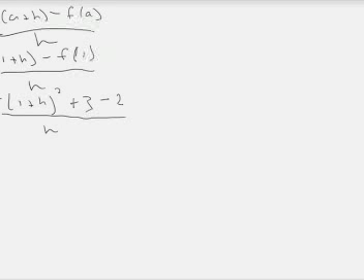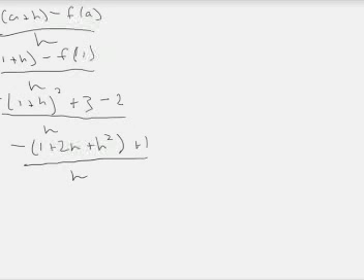Now let's distribute this little polynomial right there. Now we can start canceling out some h's to get this h out of the denominator, because that's ultimately our goal here. Because if we used the plug-in method, we would get a 0 in the denominator, and this would be an undefined limit. However, we can try to get this h out, and we will be able to, as you will see.